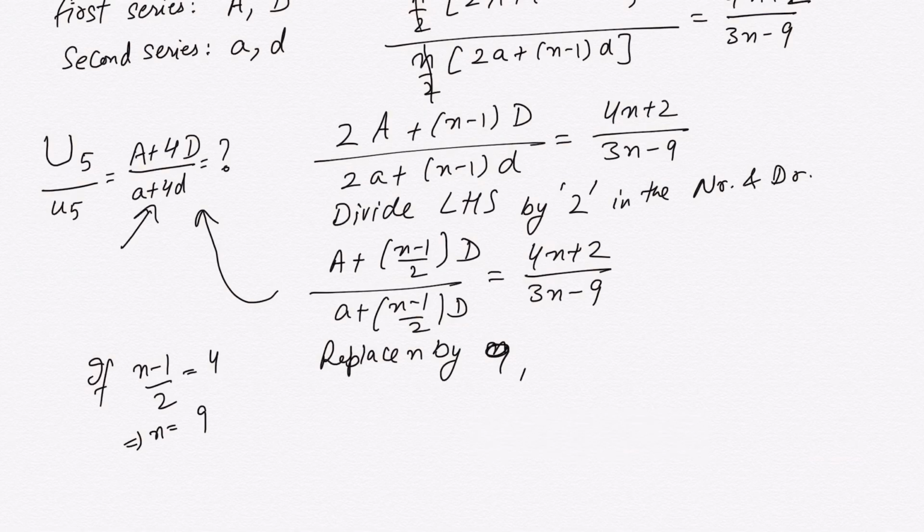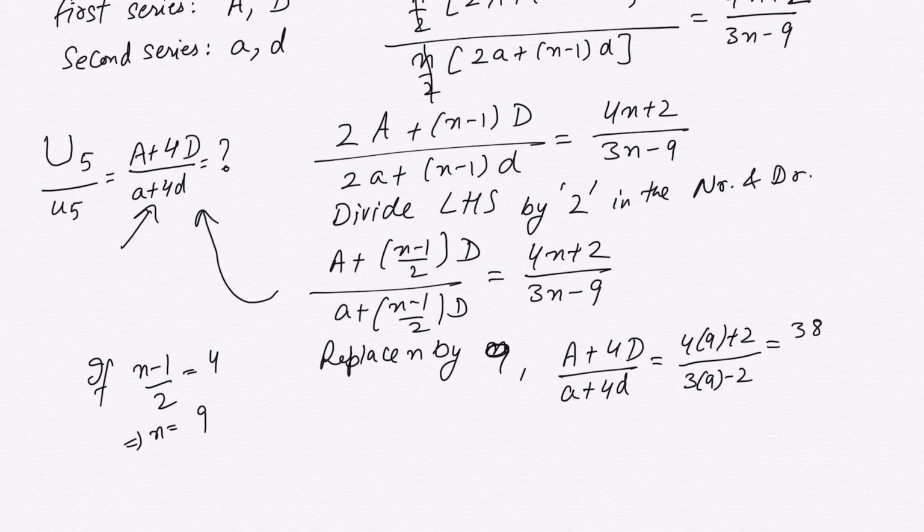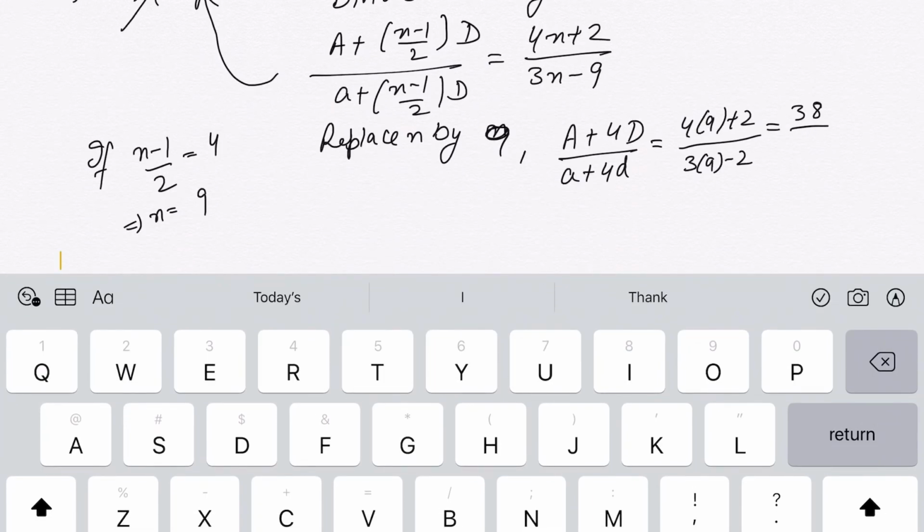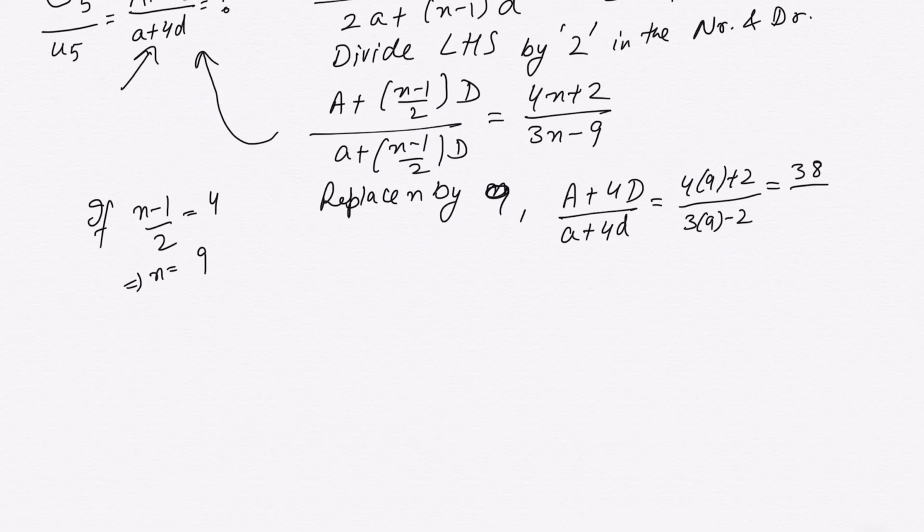In the above expression, what we get is a plus 4d divided by small a plus 4d equal to 4 into 9 plus 2 and 3 into 9 minus 9. So what you get is 38 divided by, oh, it's not 2, it's 9 here and 9 here as well.